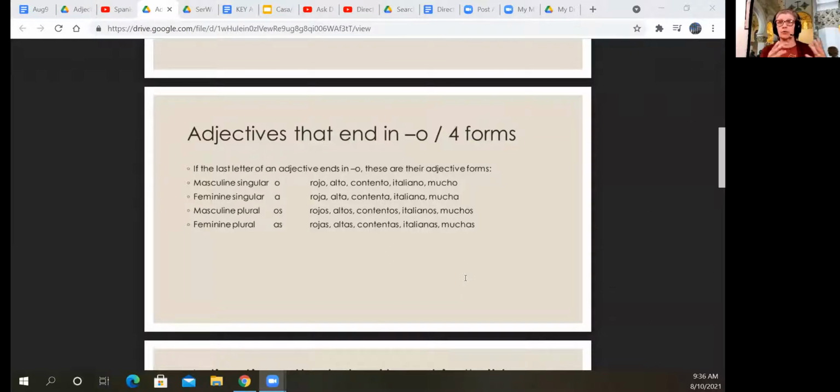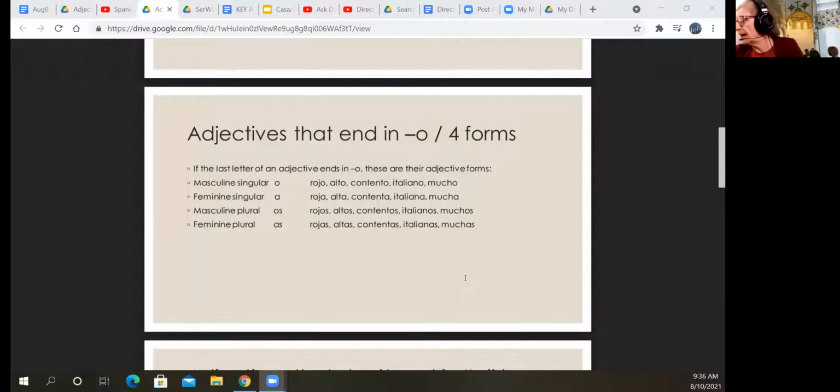have to agree with, that means match up with, the thing that they talk about. If you're talking about a pen, la pluma, everything that talks about la pluma has to be in a feminine form and a singular form, okay?